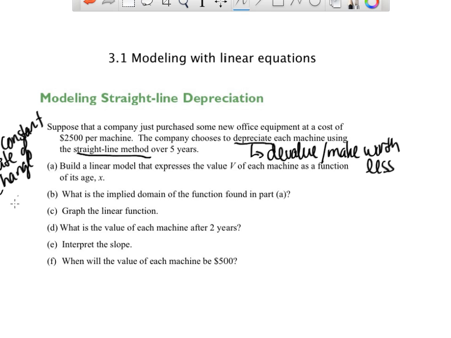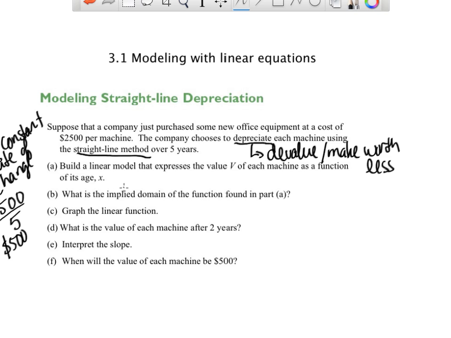So what they're implying here is that a machine that costs $2,500, if you want to depreciate that in 5 years, you're going to make it $500 less or worth less each year.